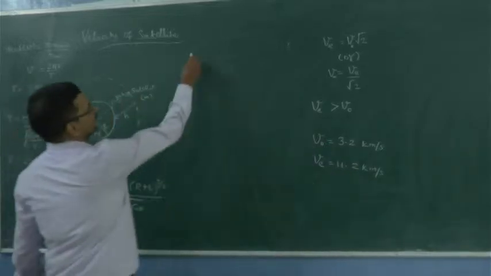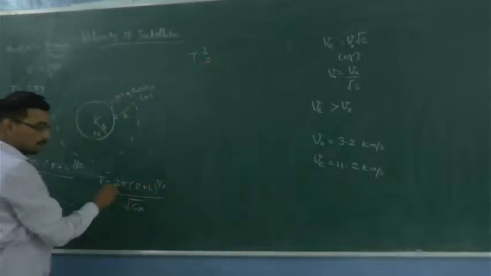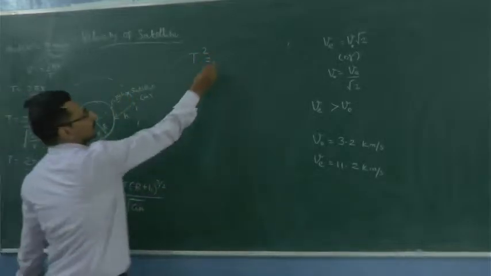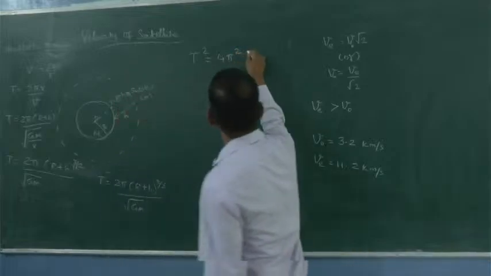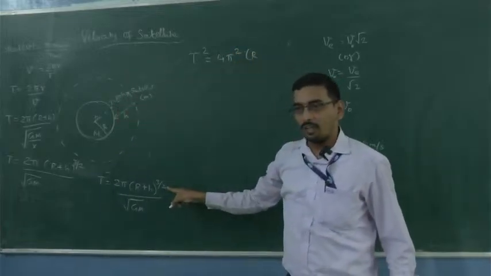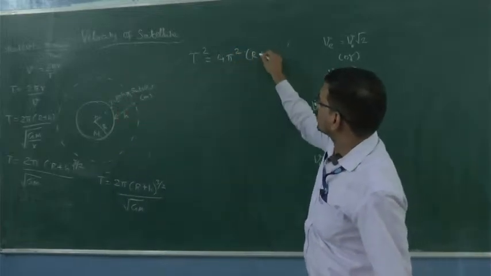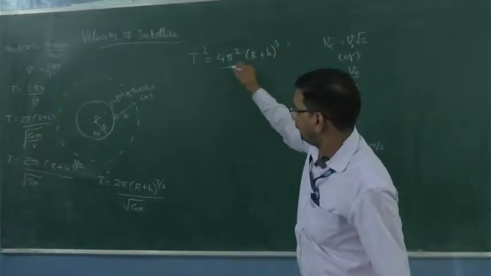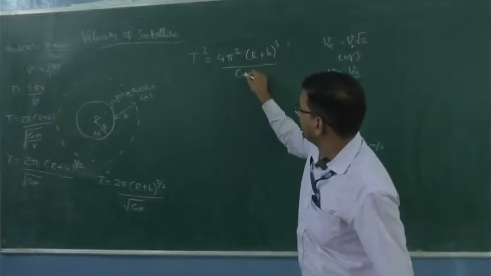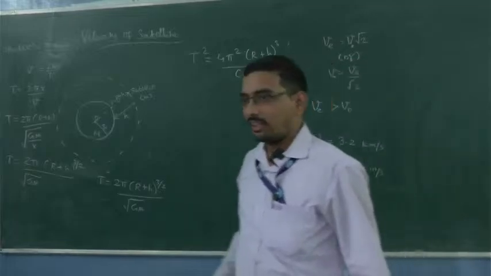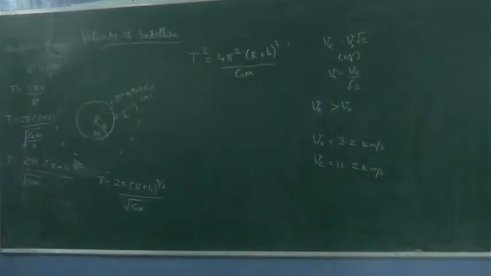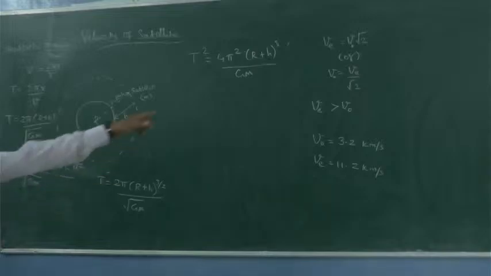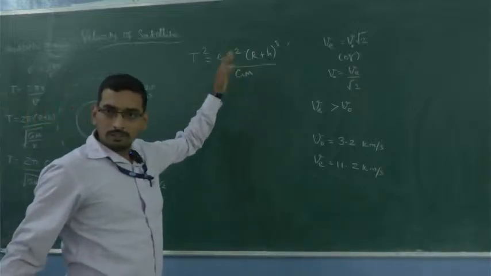Okay, take square on both sides. So T square is equal to 4 pi square (R plus h) cube by GM. What is G? Acceleration due to gravity or gravitational constant? Whether it is a constant value or variable everywhere.